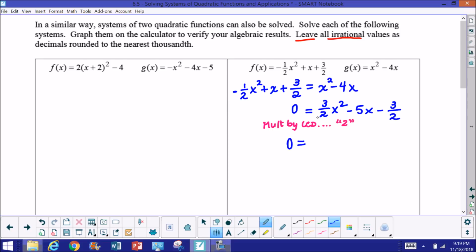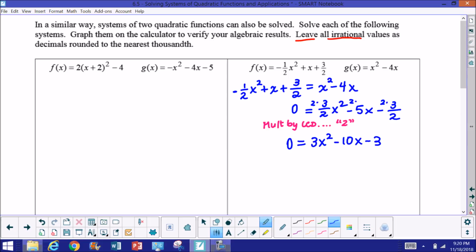And then when we multiply the right side by 2, with everything having a new 2 multiplied by it, we have 2's that cancel in the fractions, leaving us with 3x squared. Now this minus 5x doesn't have a 2 in the denominator, so it'll take on the normal multiplication. And then the 2's cancel for the last fraction, leaving me with a minus 3.